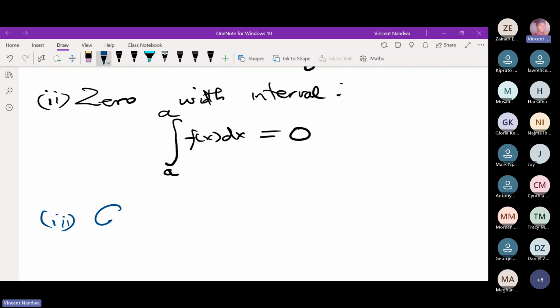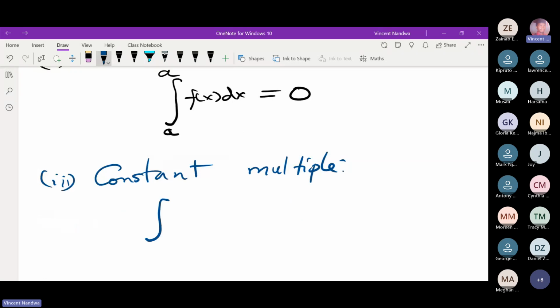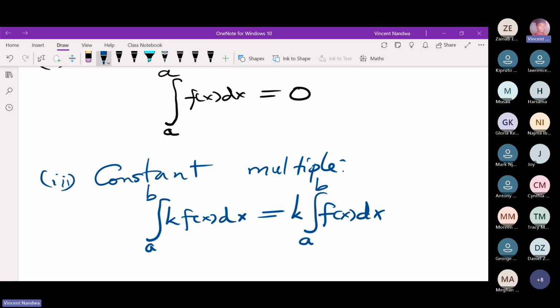Next is what we call the constant multiple rule, a property that states that if I'm integrating from a to b, k f of x dx is the same thing as factoring out k, then integrating from a to b the function f of x with respect to x.